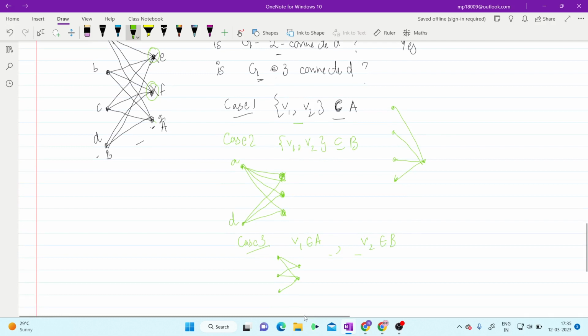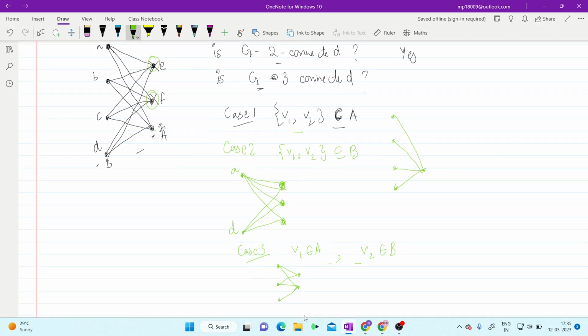So we have now seen that if we remove any two vertices, this graph remains connected. Therefore this graph is 3-connected.